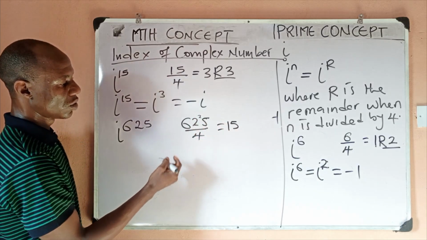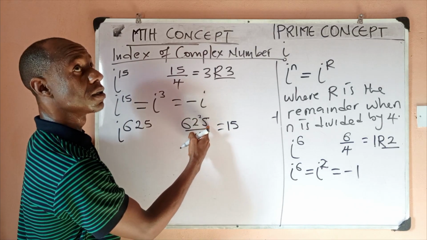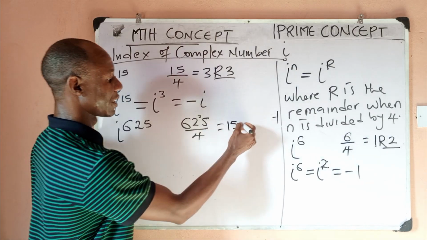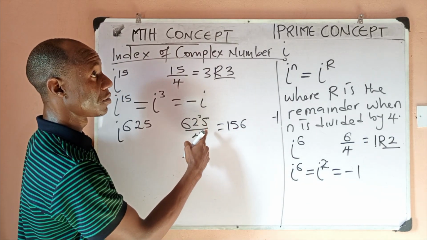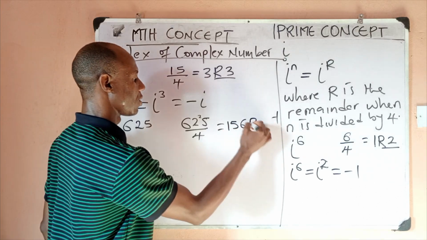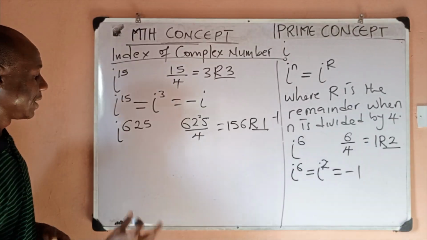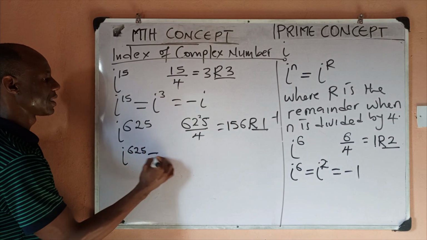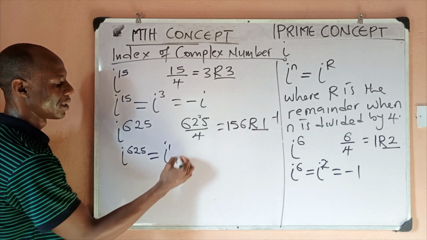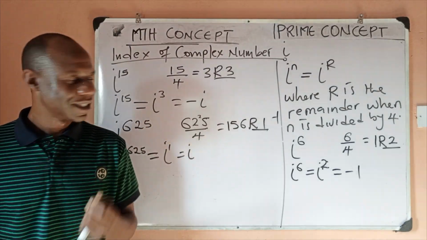If I put the 2 here, I will have 4 in 25. That is going to give me 6, that is 24, remainder 1. So I have a remainder of 1. What it means is that i to power 625 is the same thing as i to power 1, which is actually i. So you can see how simple this is.